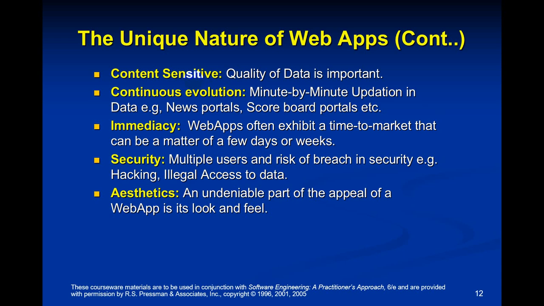Next one is continuous evolution. Evolution means it will keep on growing, it will keep on changing. So in fact, normally when we make a website, we cannot lag behind our other counterparts or our other competitors. They are always trying to improve their websites.